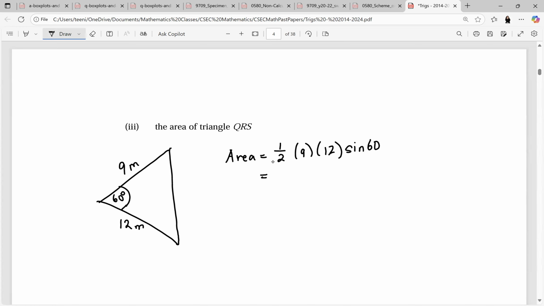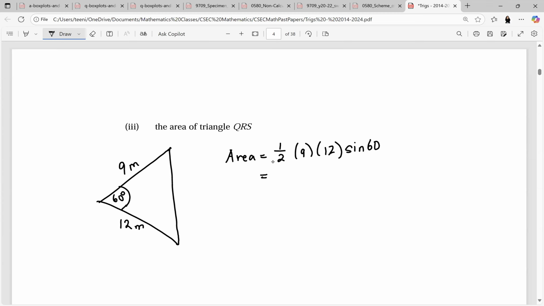Either your calculator is in radians or you used sine inverse or something. Wait, let me try again. I still got 0.00. Are you sure your calculator is not in radians? It is in degrees.